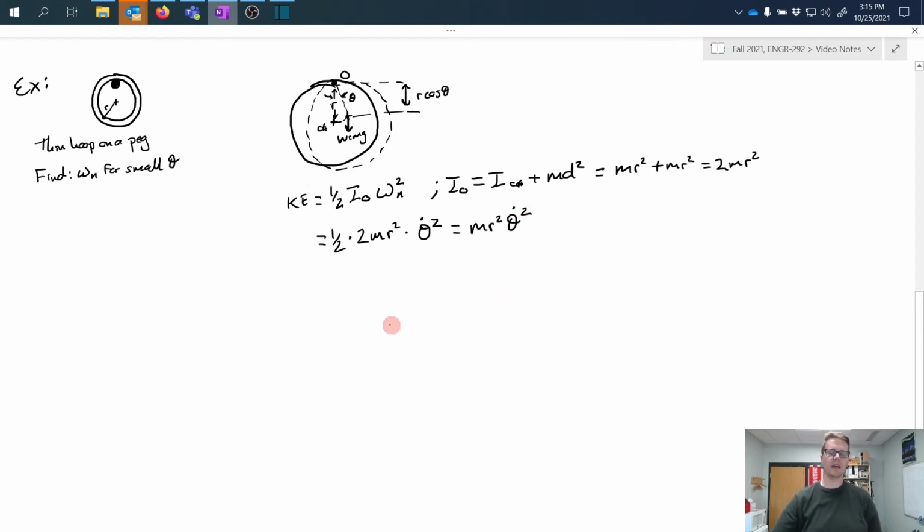So that's my kinetic energy. I also need to think about my potential energy. Now, potential energy is basically how does this thing change position? That's the only real potential energy we have.